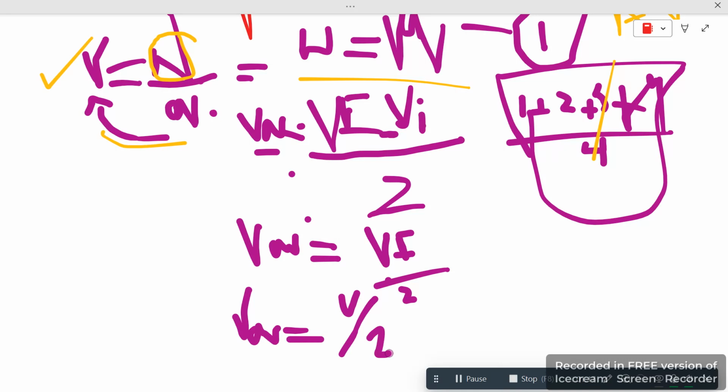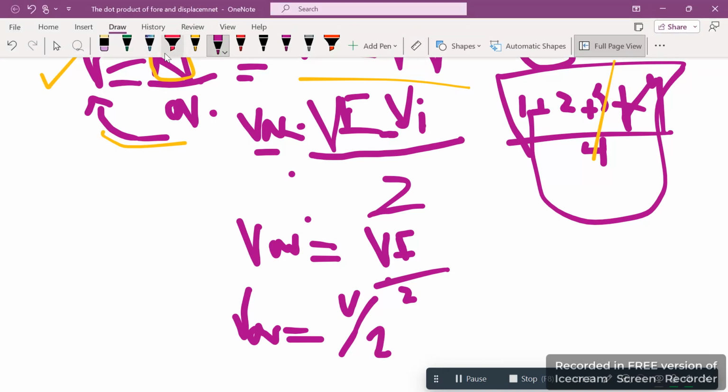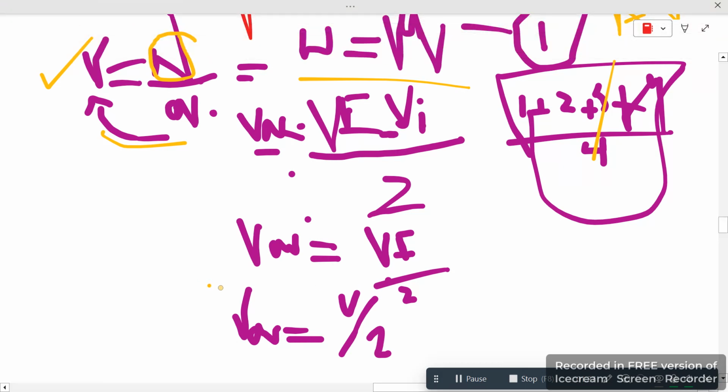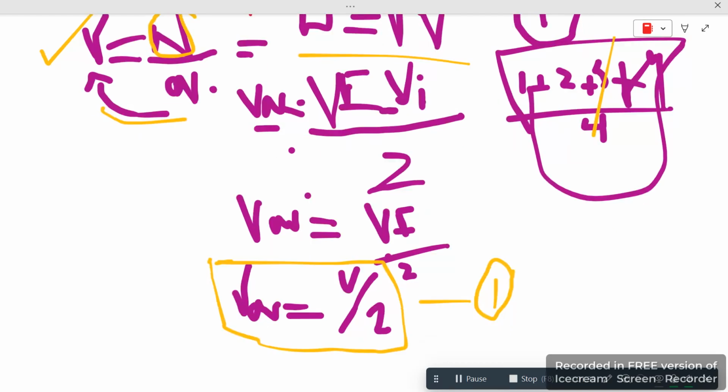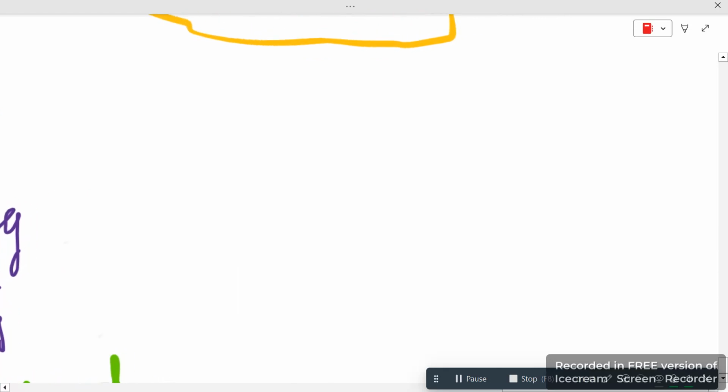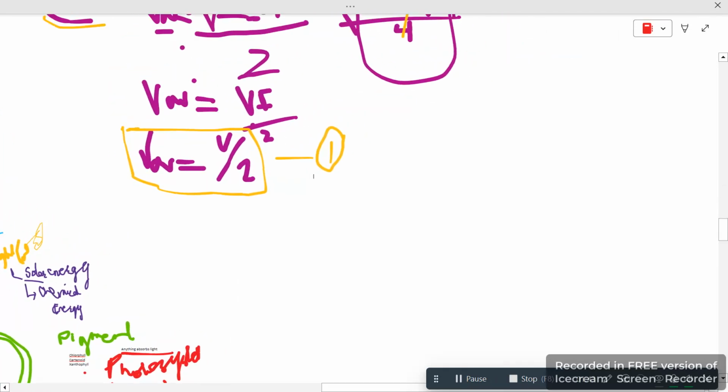So here we have only one value to write, so this equation becomes V is equal to... average velocity becomes equal to V upon 2. So this equation becomes the first equation here, which will be used in the video, like in the downward, oh, I forgot to erase these.